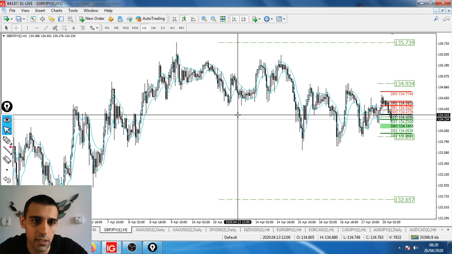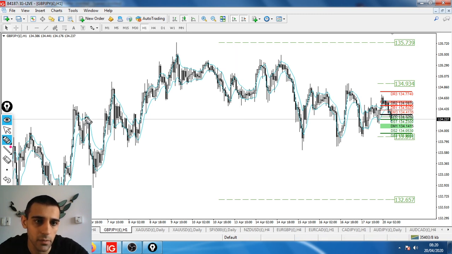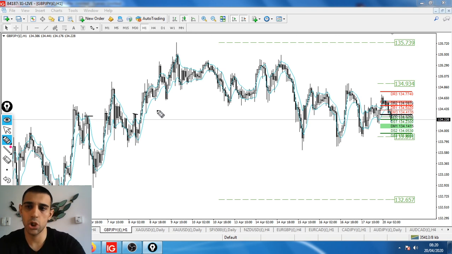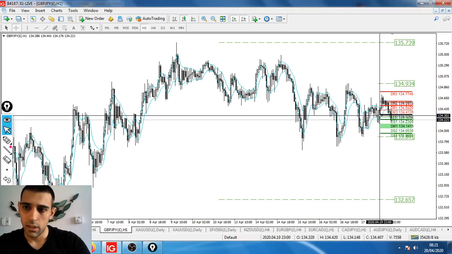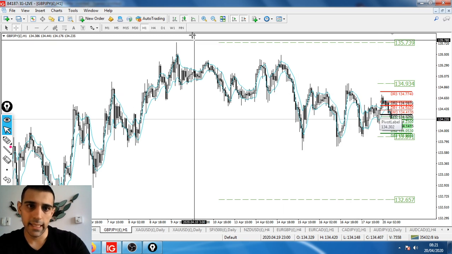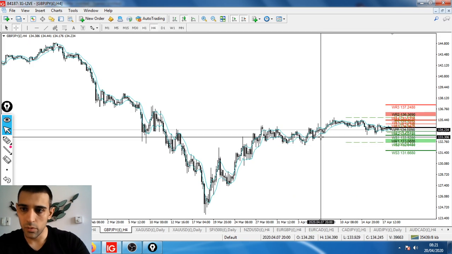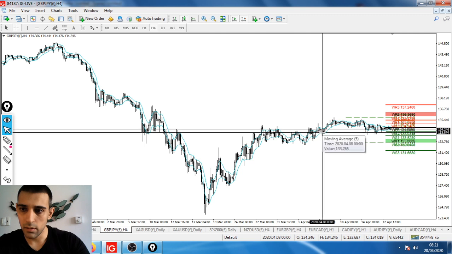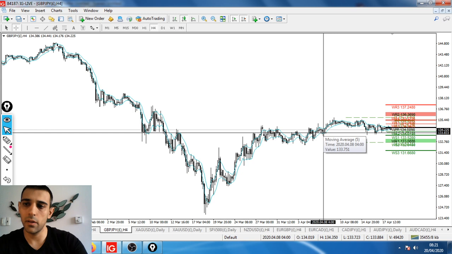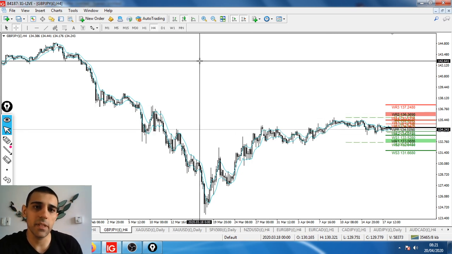We've got these highs here, so that's a pretty good area to get onto the short side, and we're going to run it down to the low at 133.85. So we're looking at about 45 pips gain.